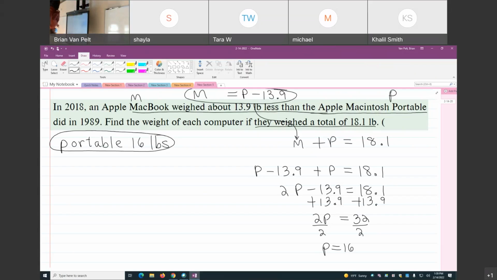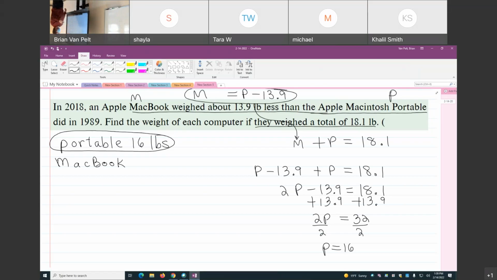Now, it says, find the weight of each computer. So I haven't answered the question yet. What do I need yet? I've got one. What do I need to answer yet? For the MacBook. So how much was the MacBook? It was P, which is 16, minus 13.9. That's right. That's where you're going to use this equation right here.